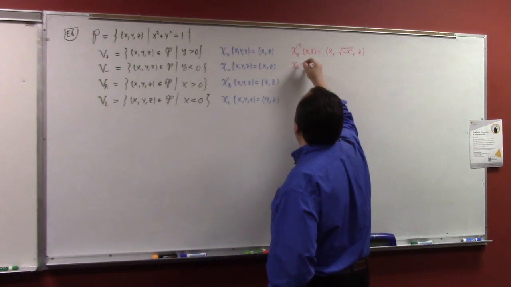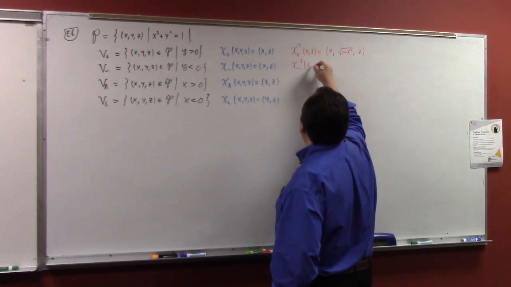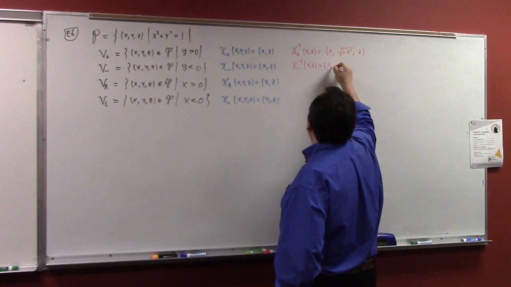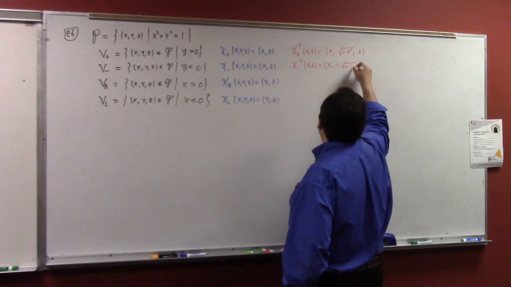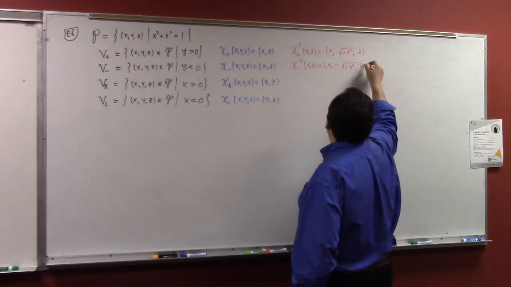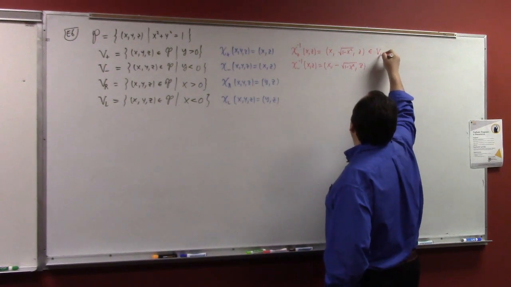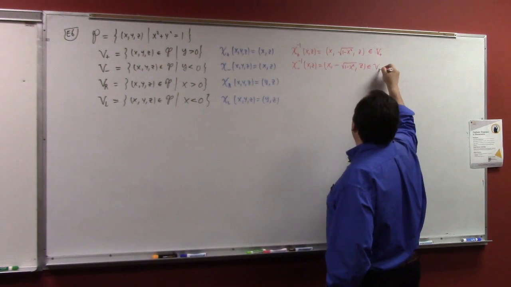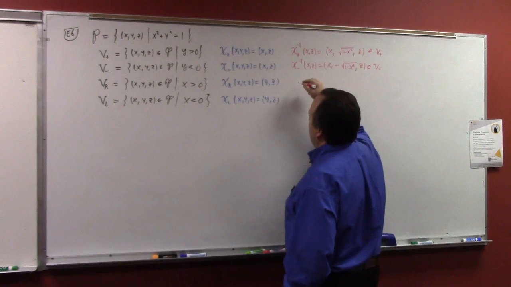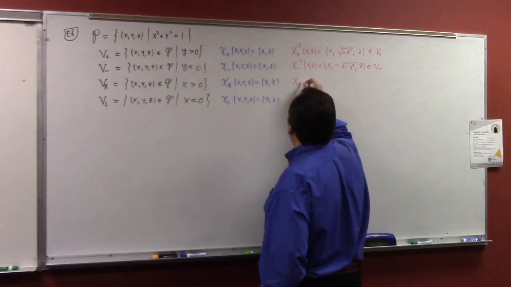And on the other hand, the minus would be x comma minus the square root of 1 minus x squared z, right? Clearly this is an element of v plus, this is an element of v minus, and you probably can tell me what the formulas are for chi r inverse. What are they?